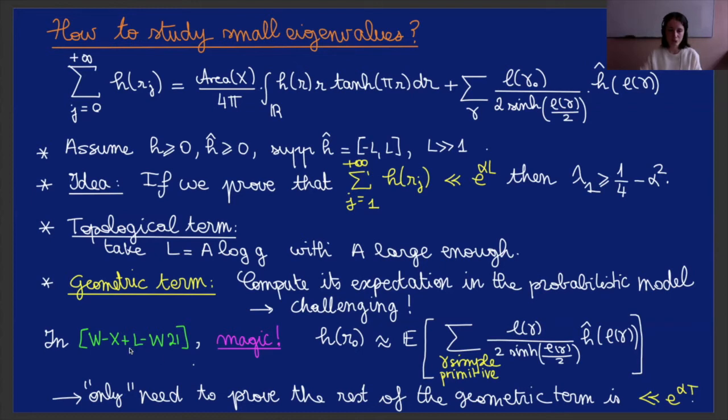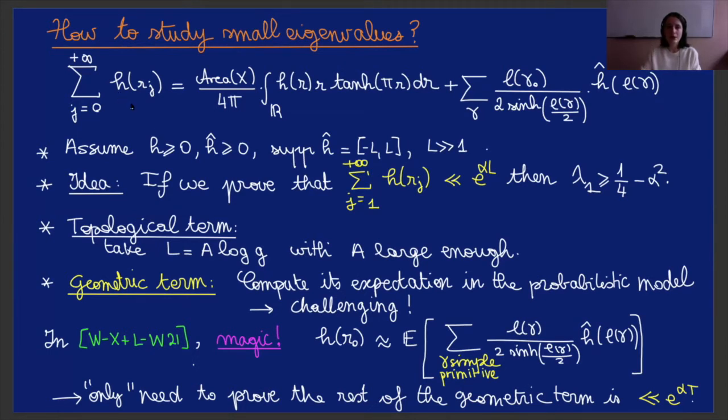In both those recent articles, there's actually something quite magical which they observed, which is that the leading term on the left-hand side, so H of R naught, is actually precisely cancelling the leading term of this sum, so the expectation with regards to their probabilistic model of the geometric term, but where you restrict the sum to simple primitive geodesics, so geodesics which don't have any self-intersection and which you go along only once.